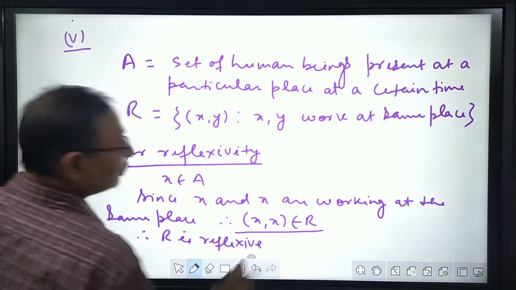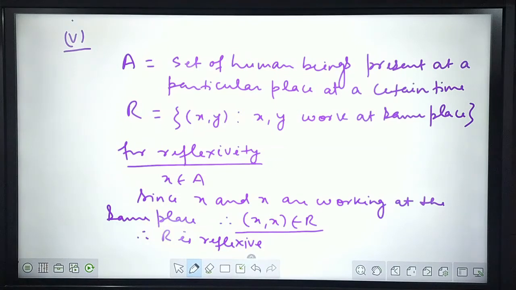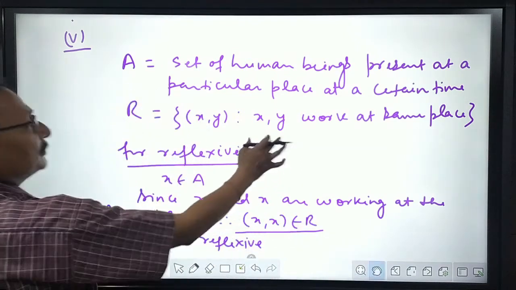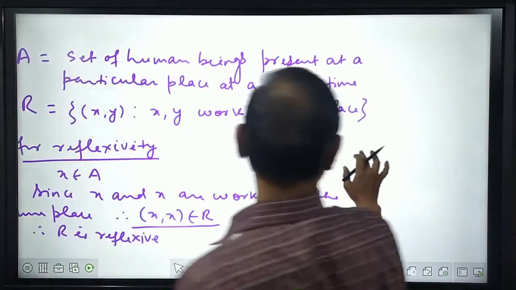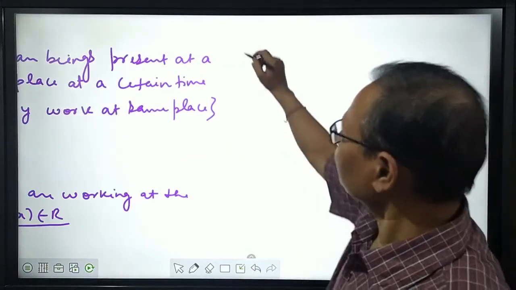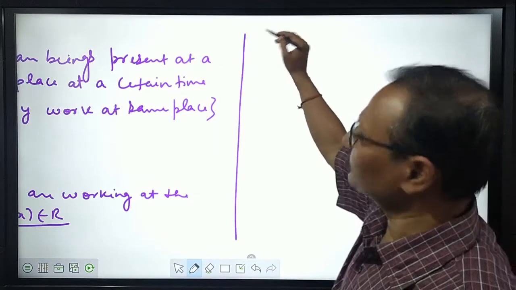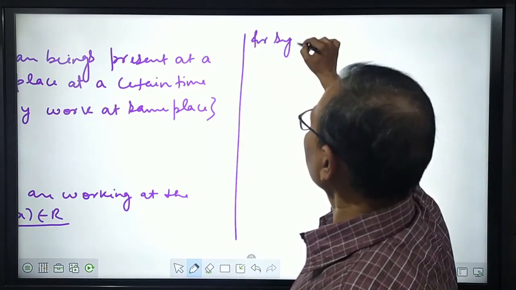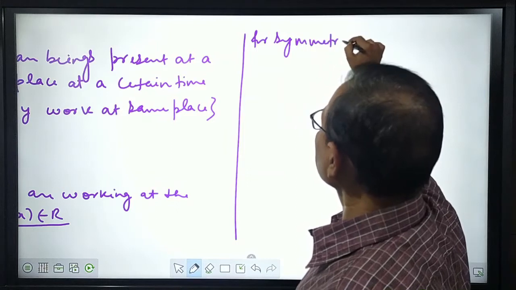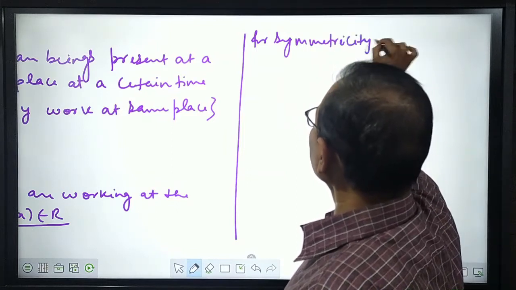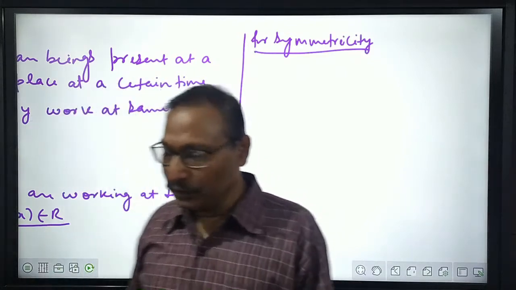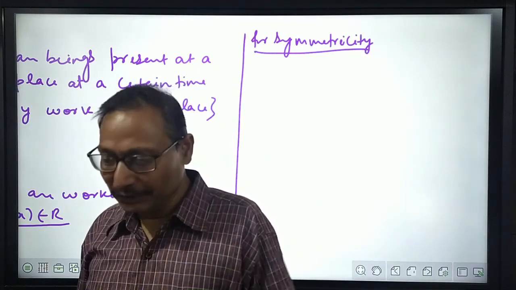Okay, if R is reflexive, then we need to check symmetricity. For symmetricity, mind it, to check symmetricity, we need to pick one pair from the given relation.